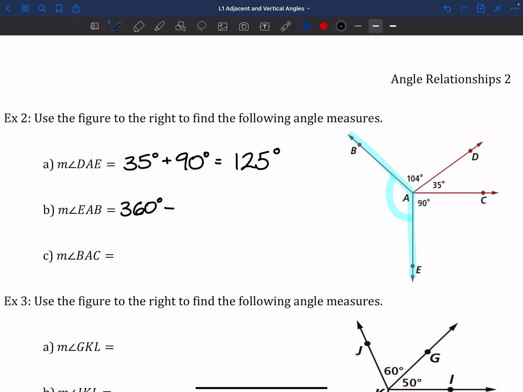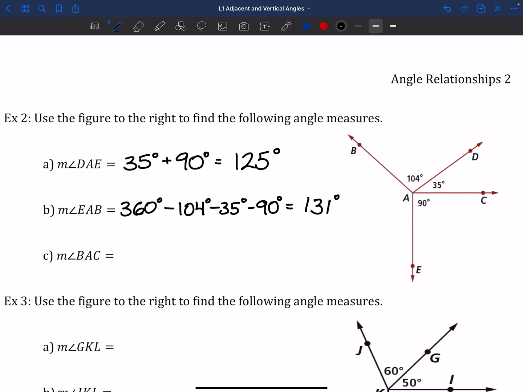So 360 minus 104, and also minus 35, and also minus 90. If I take away all those pieces, it might not be a bad idea to use a calculator, it's going to come out as 131 degrees for that piece over there. And that's all we're really doing: it's 360 all around, you take away all the other pieces, and you end up with 131.